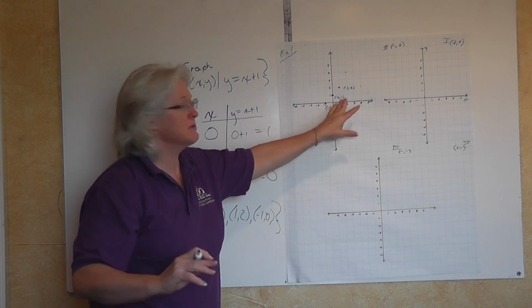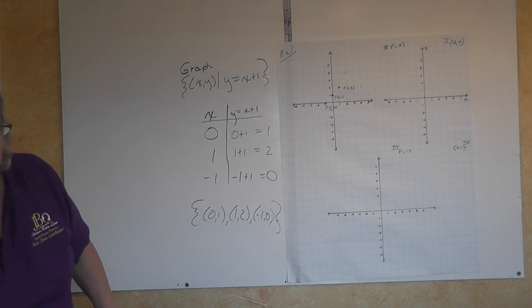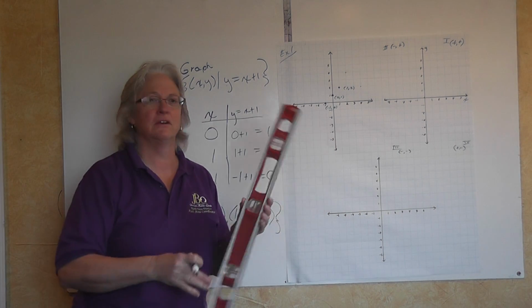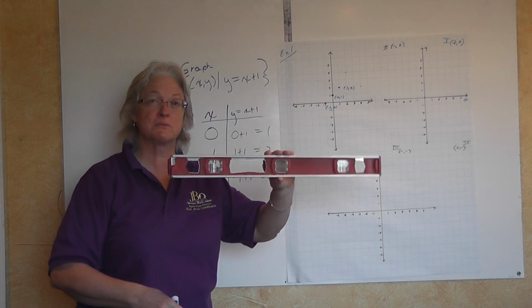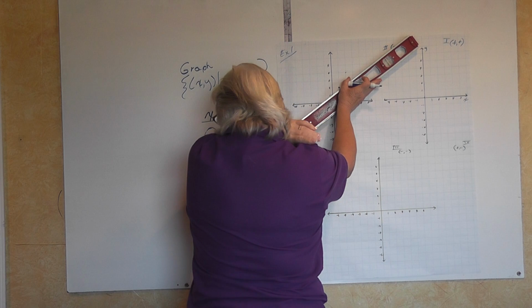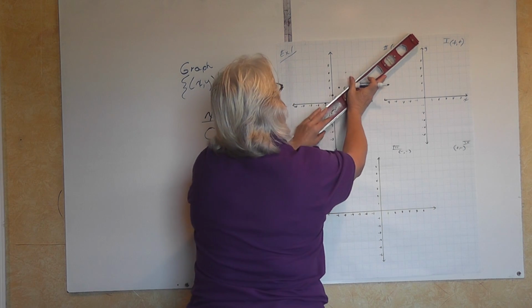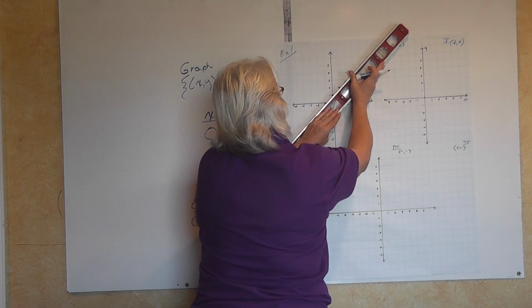You notice that these 3 points are on a straight line. So now you want to get your straight edge. You carpenters in the group, I have a small level here that I'm going to use for my straight edge.